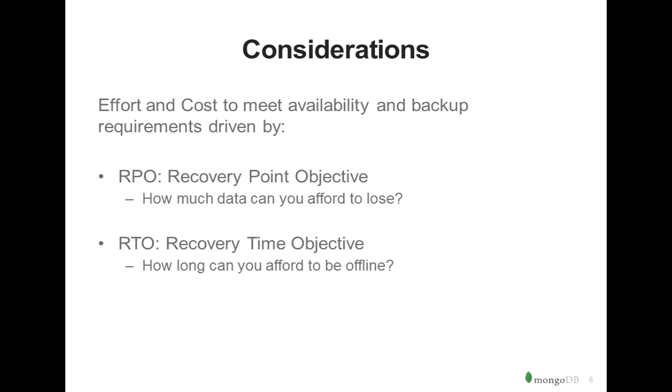And RTO lets you figure out how long you have before you can bring that data back online for the applications, or indeed, before the application can be brought back online. So these are the ones that you try to meet, and we'll talk about how MongoDB can help achieve the goals that you have around those.